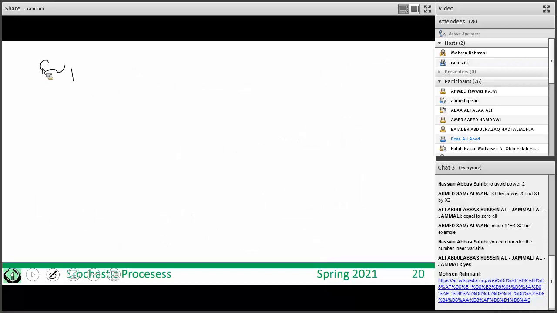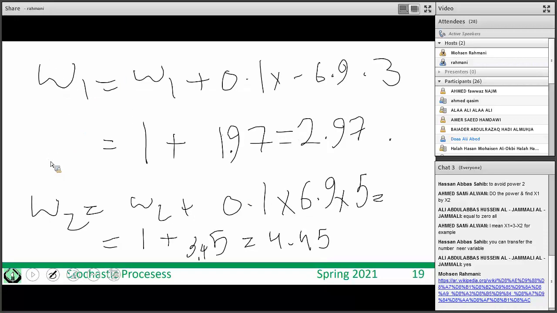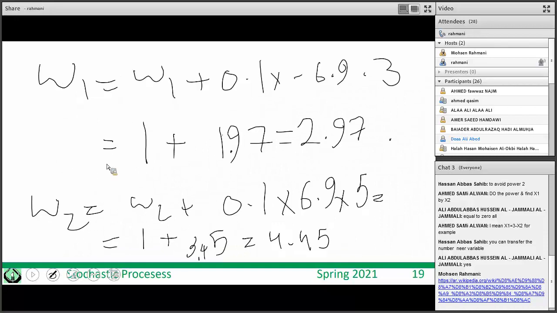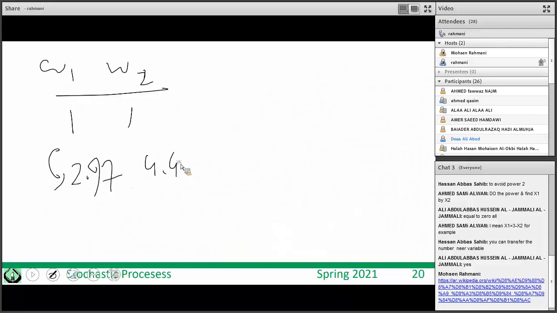Okay, gradient descent says that you can receive from 1, 1 to 2.97 and 4.45. And if we repeat this, we can receive the two W1 and W2 of our problem. We can find the best W1 and W2 of the problem.